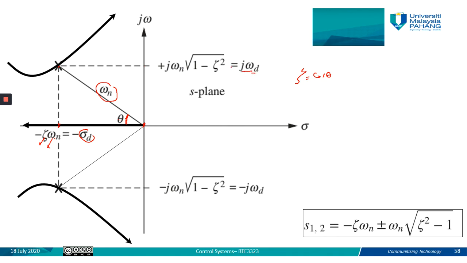From this, if we know the value of j omega d and the value of zeta, we can find the value of omega n. That means you have more than one method to calculate the value of natural frequency in this graph.